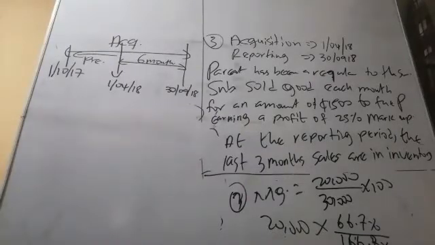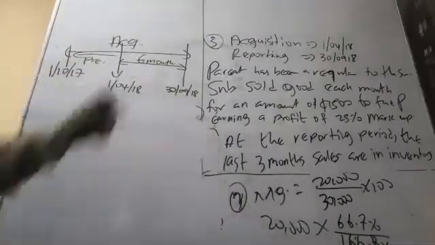At the end of the reporting period, the last 3 months' sales are in inventory. So first of all, tell me the amount of the goods that they should eliminate. They should eliminate only 6 months.